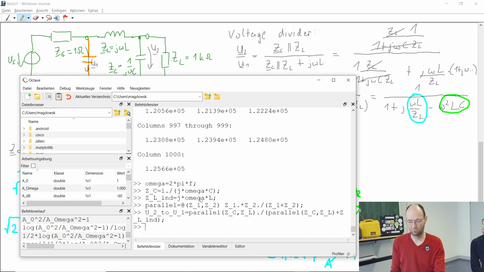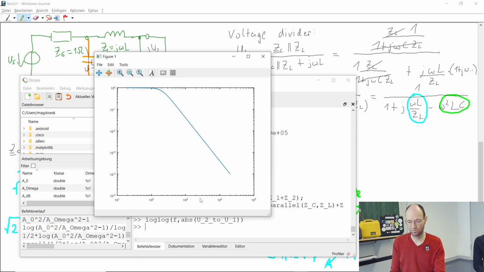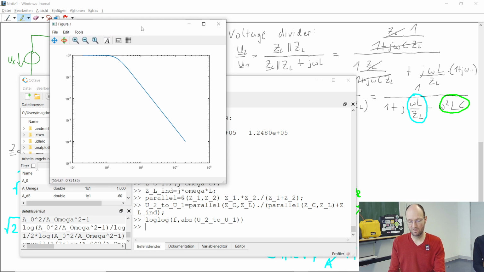So yeah, no errors, no complaints. And now we can plot this, and as usual I will use a logarithmic scale, and as a function of frequency we will take a look at the magnitude of this. So what is the magnitude transfer function? And the result that we get looks like this.